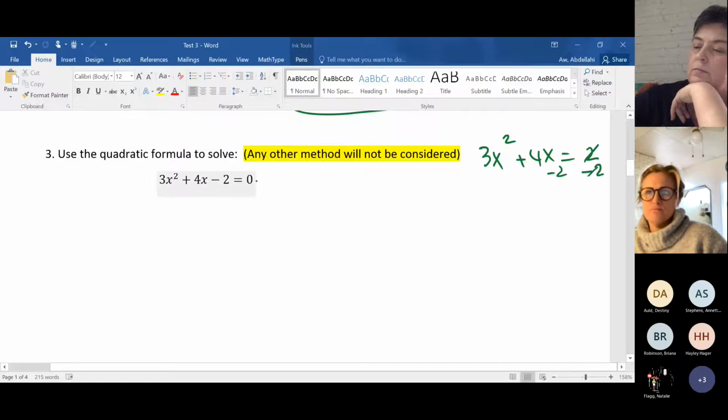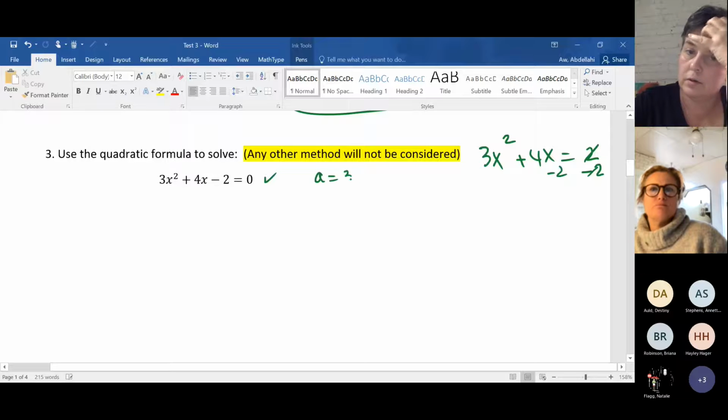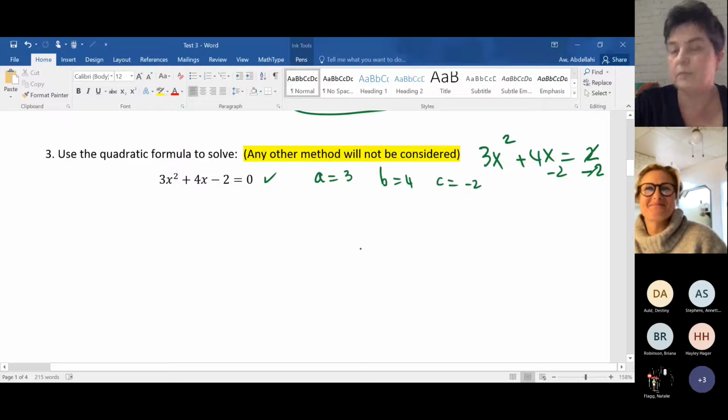But in this equation, we already have 0 on one side, which is good. We say A equal 3. Now, have all of you memorized the quadratic formula? Somebody who memorizes it, can you tell me what the quadratic formula is going to be here?